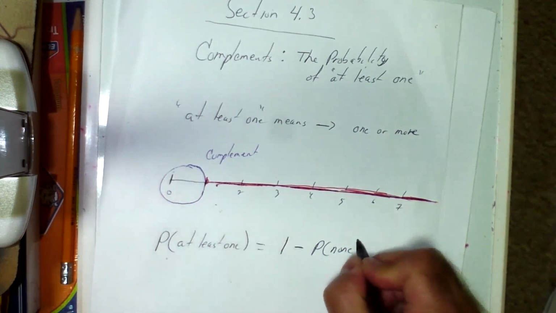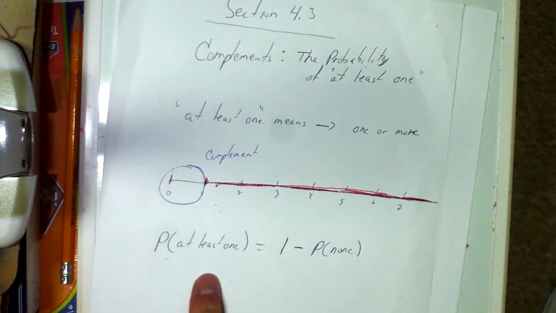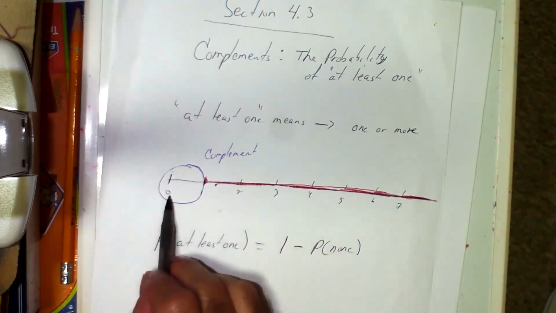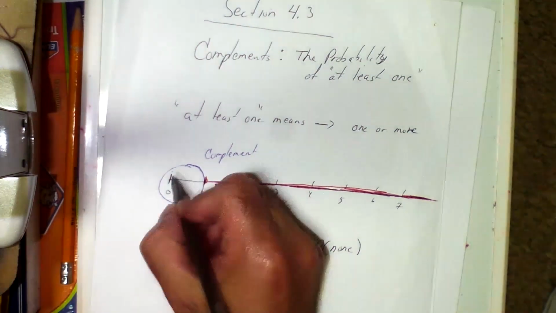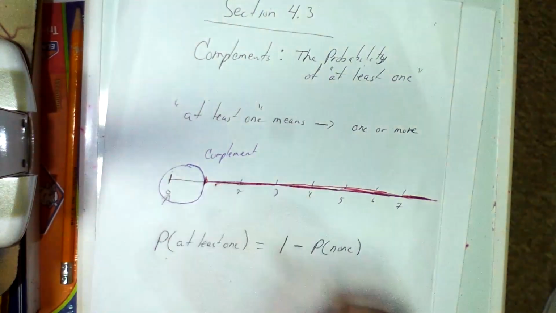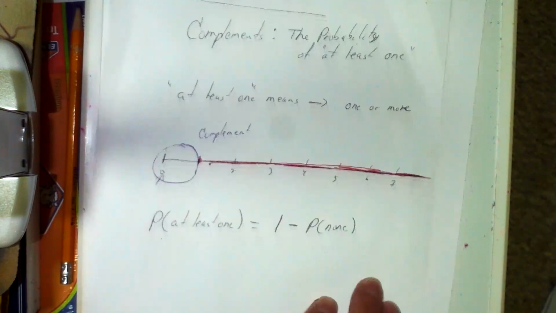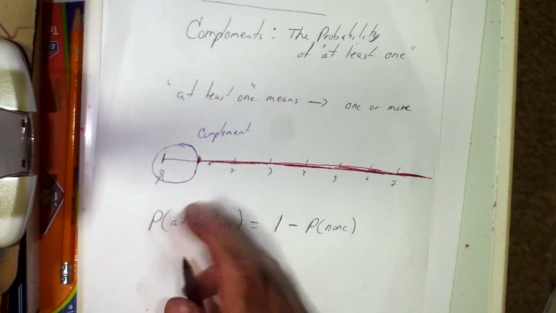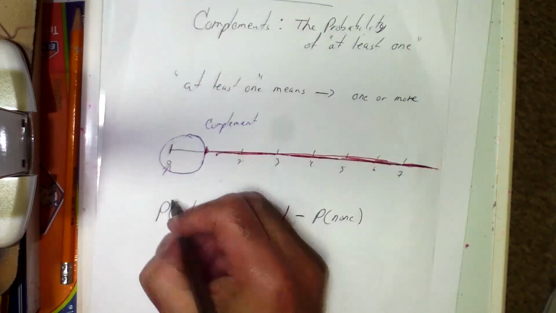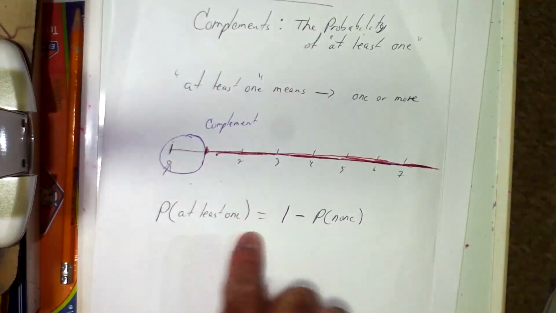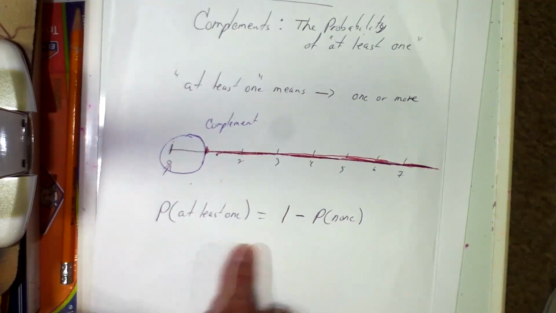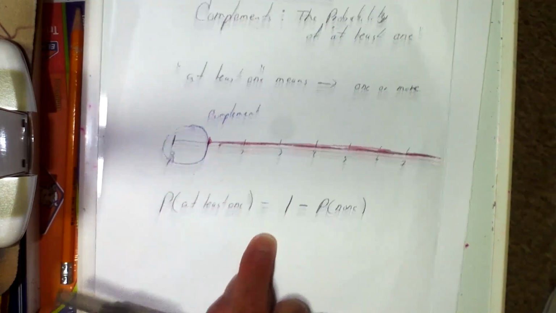So that's the formula. If I want to figure out the red, all I have to do is 1 minus that region right there. So that's the formula for at least one. Now, this is the unofficial formula for it, and I'll show you in a minute the actual real formula. This is kind of like the summarized version of it.